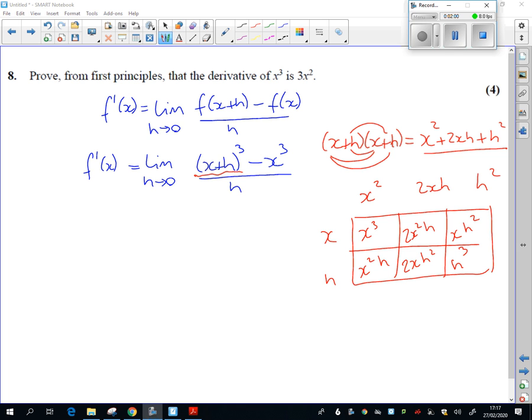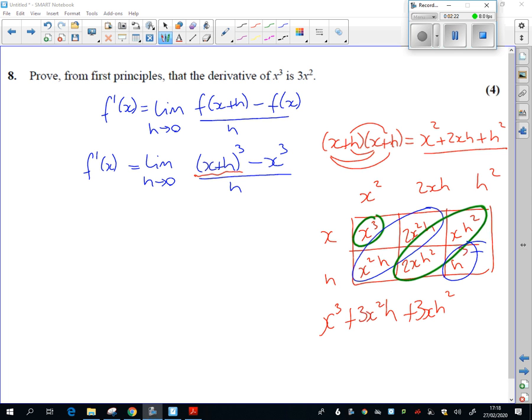Okay, and then if I collect all my like terms together, I've got x cubed there, I've got 3x squared h, I've got 3x h squared, and then just the x cubed on the end. So that's your second mark, is for correctly expanding those brackets out.